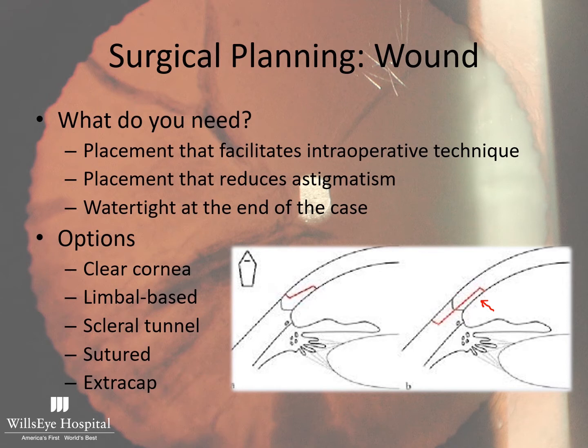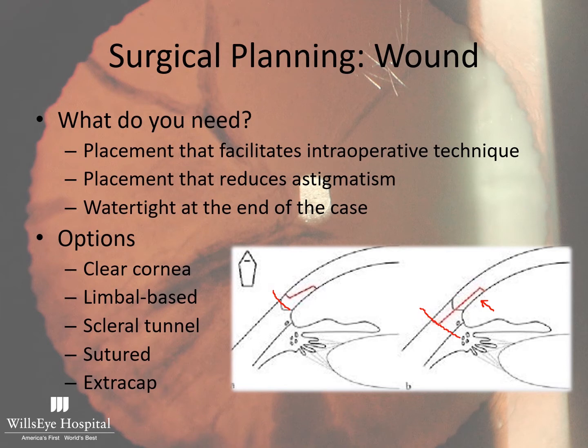Here is illustrating a clear corneal wound, and this is what's called a triplanar wound. So you have a partial thickness incision into the cornea, tunneling through the cornea, and then entering in through Descemet's. Then going further back, you could have a limbal-based wound right here, or here this is describing a scleral tunnel-based wound.